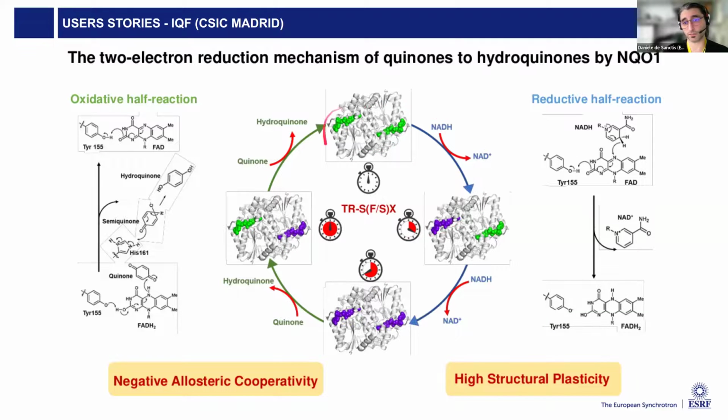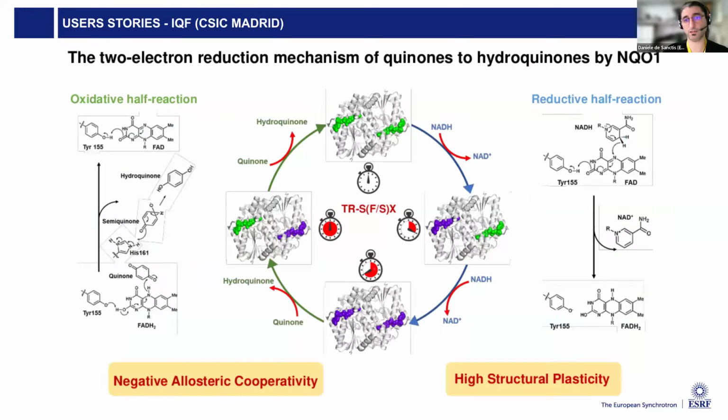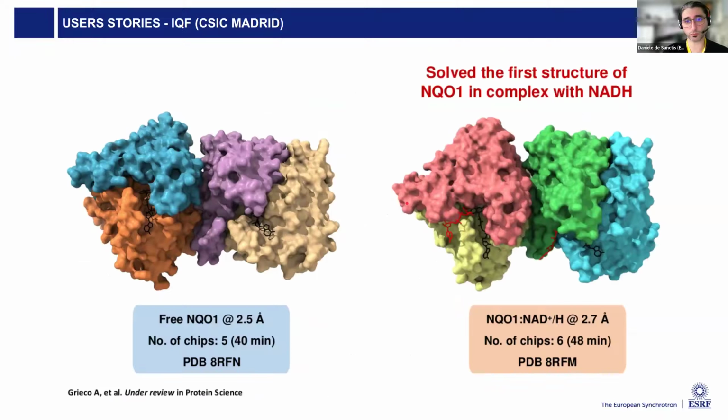So the study was focusing on this part, the reduction with NADH oxidation, and this was the first structure where it was possible to observe at room temperature the presence of the NAD bound in the pocket of the active site that you see here.